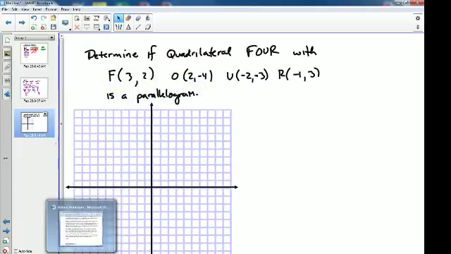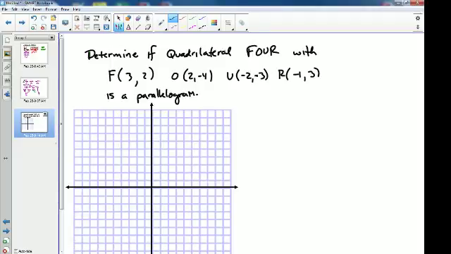I find it very helpful to graph these. If you graph them, you have to be really accurate because it can throw you off. Right, so point F, and then O, U, and R. There's your shape.